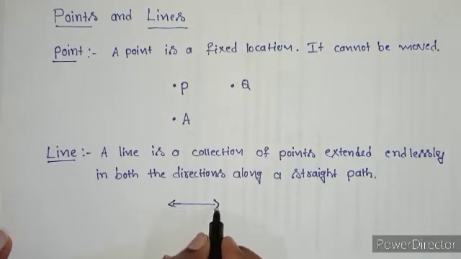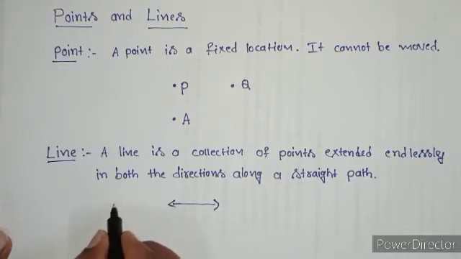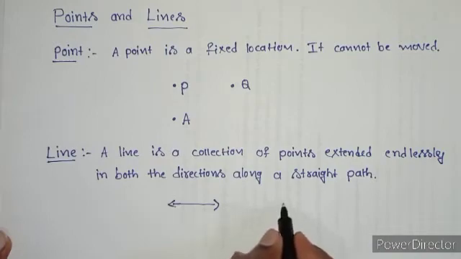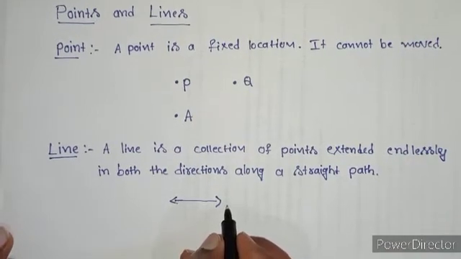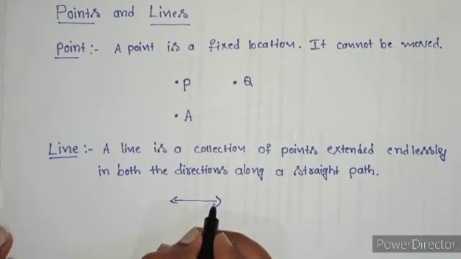A line can be represented with double arrows, showing that it can be extended without any limit in both directions. The symbol to denote a straight line is this arrow. A line is named by using any 2 points on the line, and these points are marked with English alphabets.